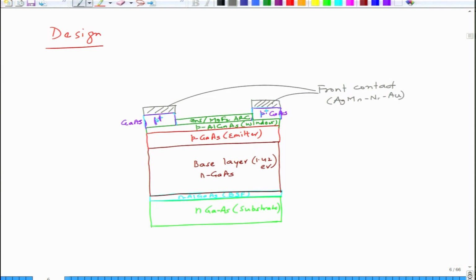okay, and in this case the back contact is made up from the back side. This is an alloy of AuGe alloy with nickel and gold.